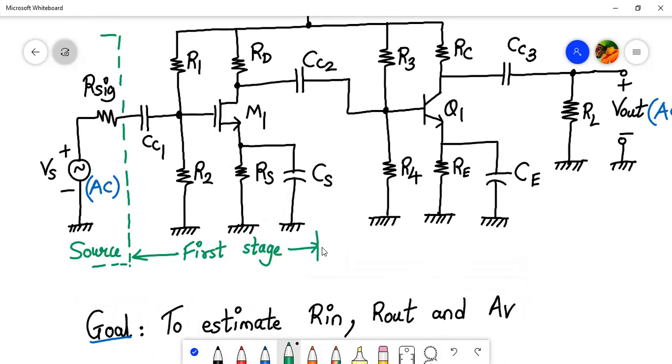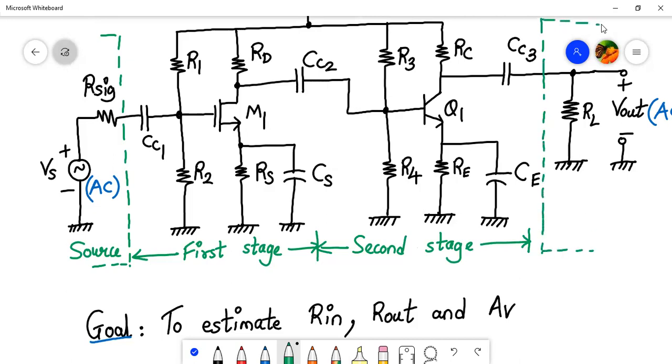And from here to here I have my second stage, and finally over here we have the load. Okay, this is my load. So the amplifier is connected to the source. We have the first stage in the form of a common source amplifier, the second stage in the form of a common emitter amplifier, and the load in the form of a resistive load RL.